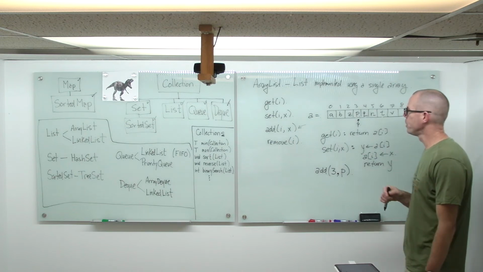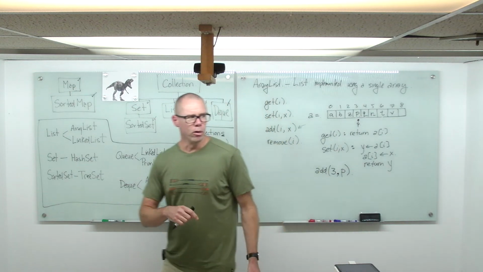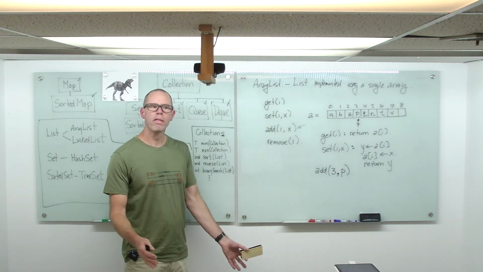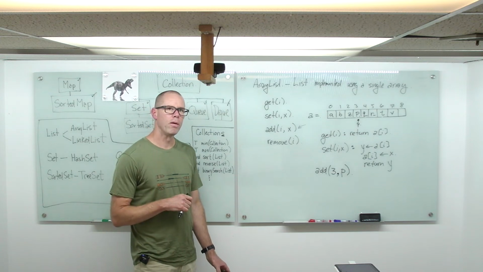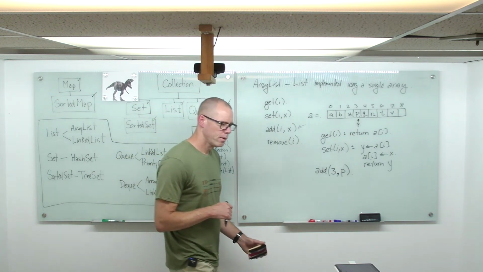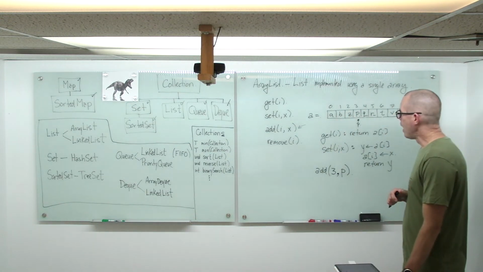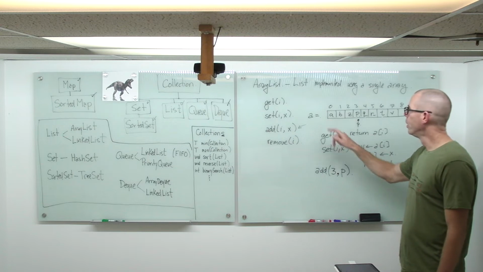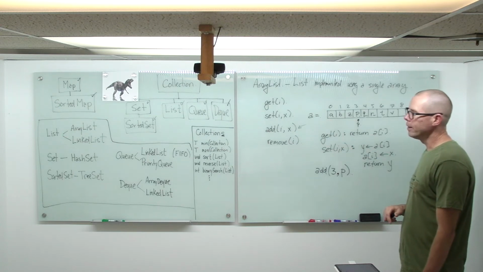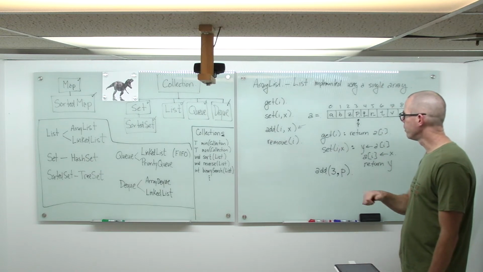But you can imagine that maybe your list has length 1 million and you want to add at position 500,000, so now 500,000 things have to be shifted out of the way. And indeed, when you add at position 0, that is the worst thing you can do, because then everything has to move over and make space for this newly added element.